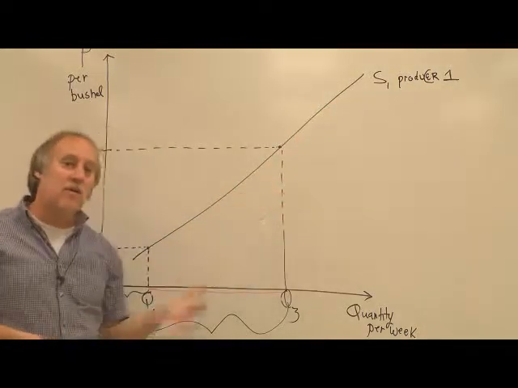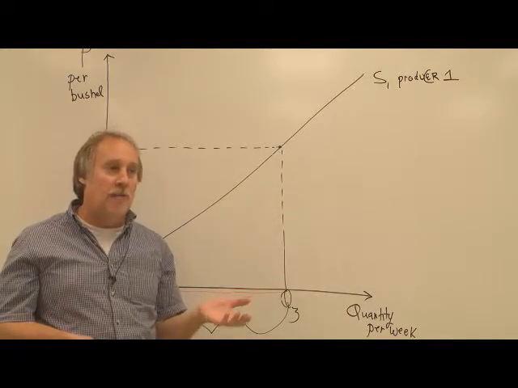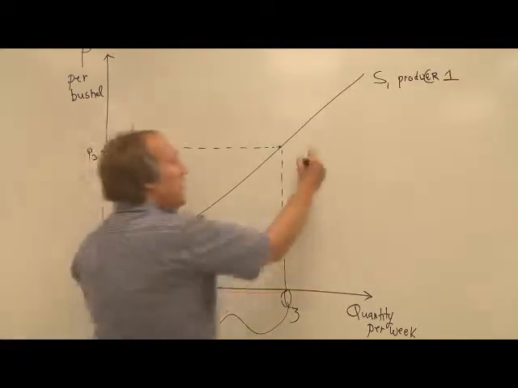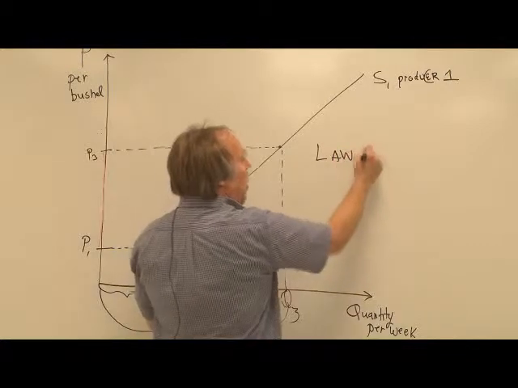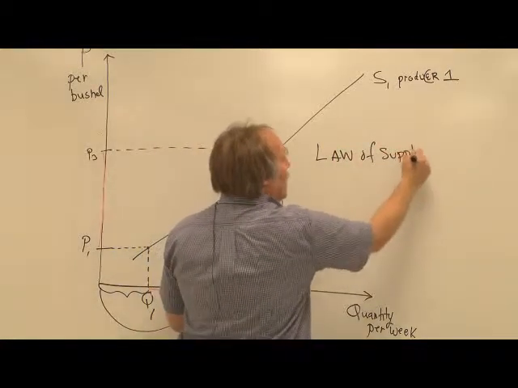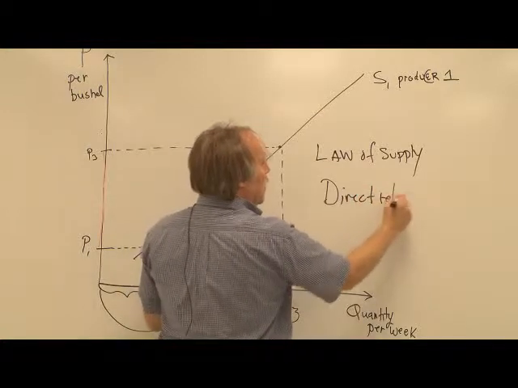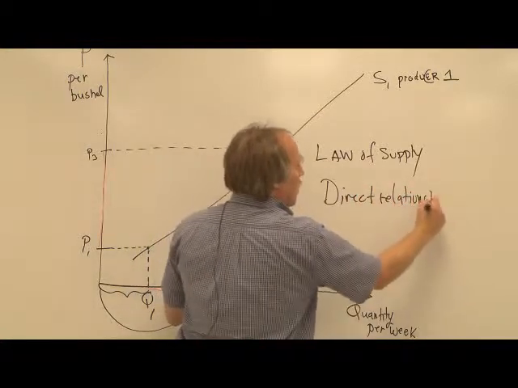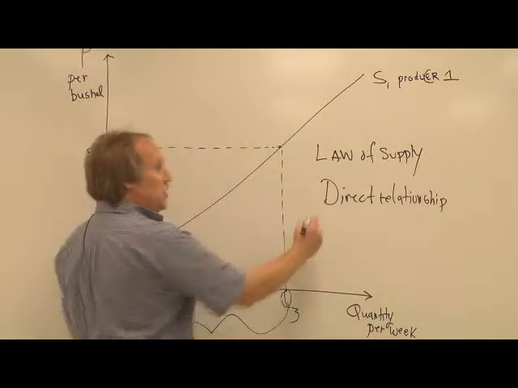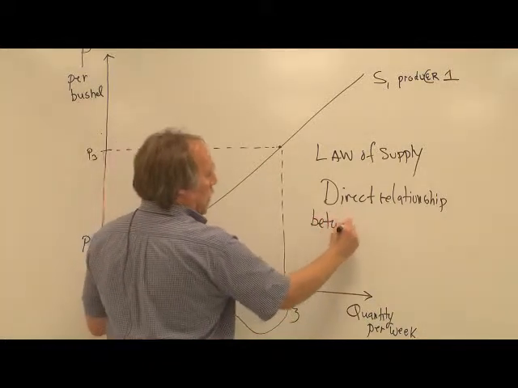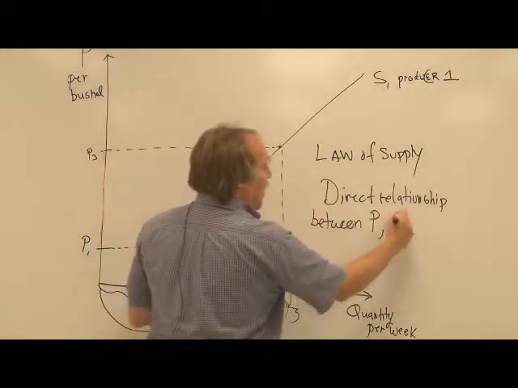And there's what's called the law of supply, like the law of demand. Your textbook may mention the law of supply, and that talks about a direct relationship between P and QS.